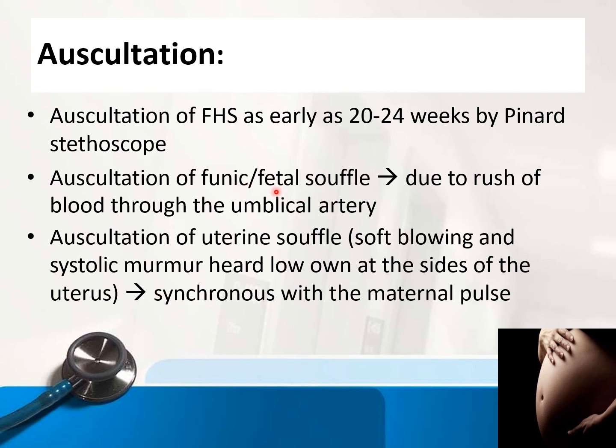That also can be heard when you are doing the auscultation. And when the blood is flowing through the uterine artery, that also will make a sound that is known as uterine souffle, and that will be heard like a systolic murmur, and usually it will be at the sides of the uterus, and it will be synchronous with the maternal pulse.